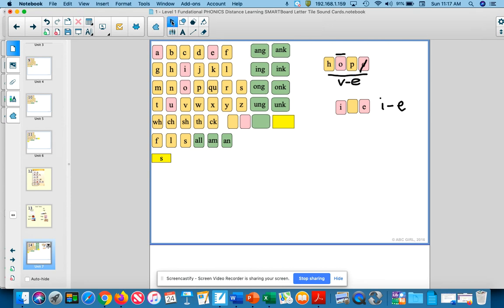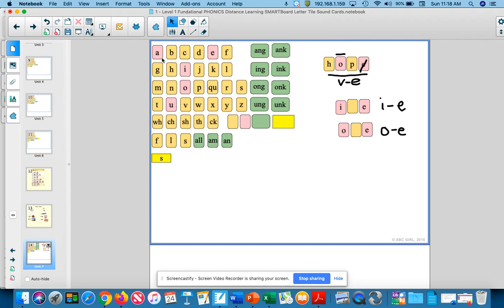Let's try that with another vowel. What letter says O? You would come to your tile board, pull O, pull the consonant, and pull E. O, consonant, E makes the O sound. And if I'm writing it, I'm going to put O, a dash where the consonant would be, and E. This is the correct way to write the O sound when it's dictated.